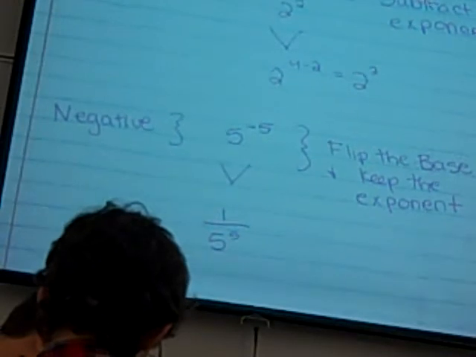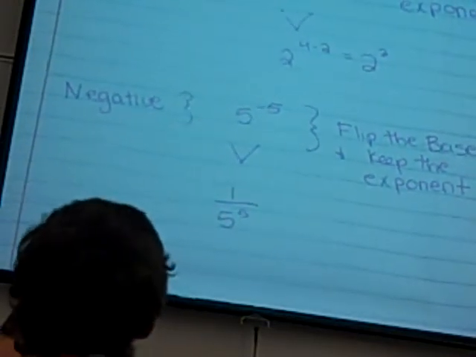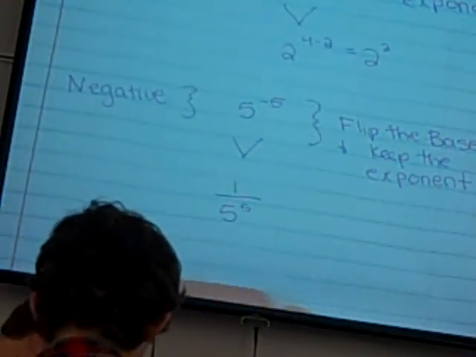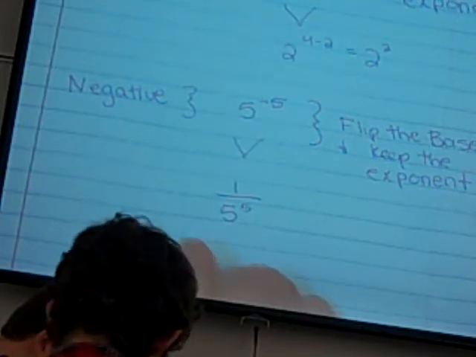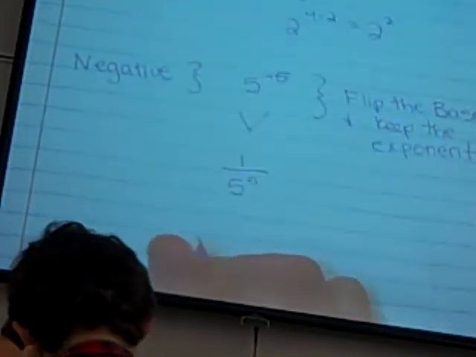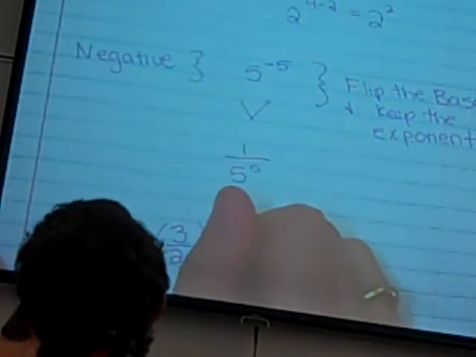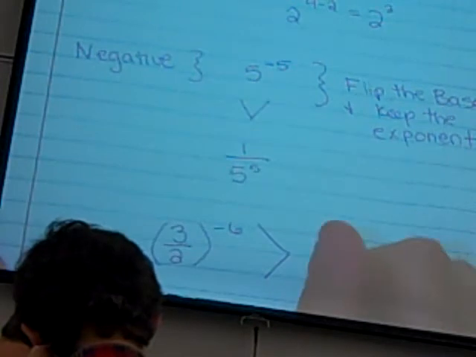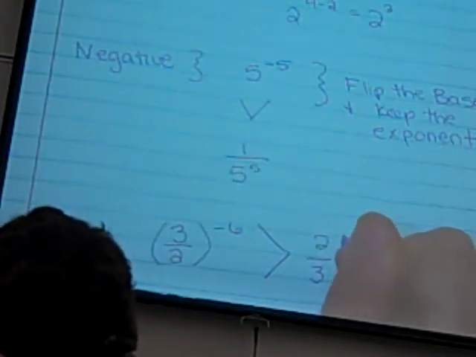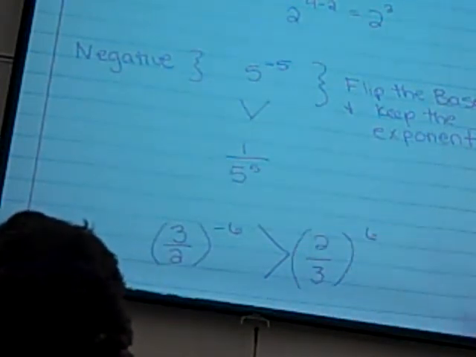You guys have to tell me when you can't see because I'm not very good at moving things up on time. Or if I had 3 halves to a negative 6, this then becomes, I flip this, so I now have 2/3 to the 6th.